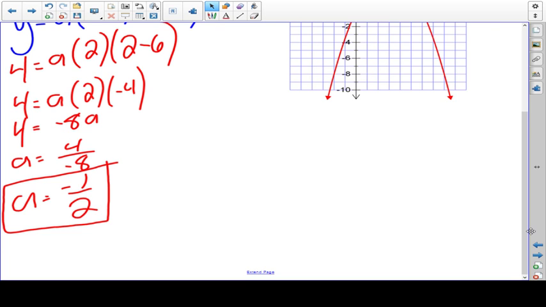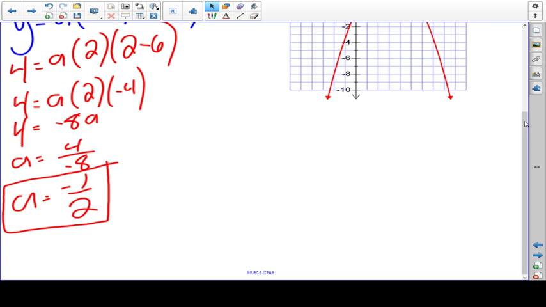The negative part is obvious because the graph points down. If you don't get a negative for a and the graph's pointing down, that should be like a warning sign that something didn't go right. So the negative part is true because it's pointing down, and the value you can't really guess.